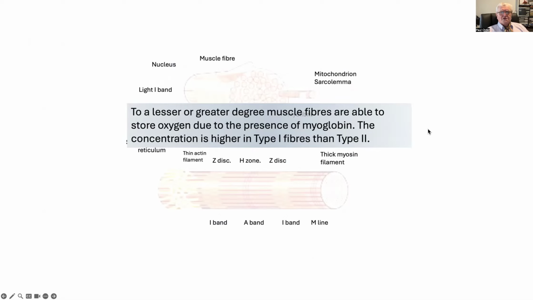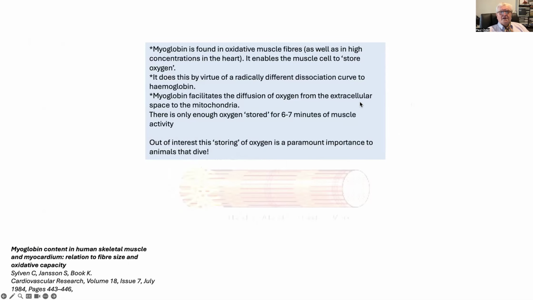To a lesser or greater degree, muscle fibers are able to store oxygen due to the presence of myoglobin. The concentration is higher in type 1 fibers than type 2. Myoglobin is found not only in muscle cells, but also in high concentrations in the heart.